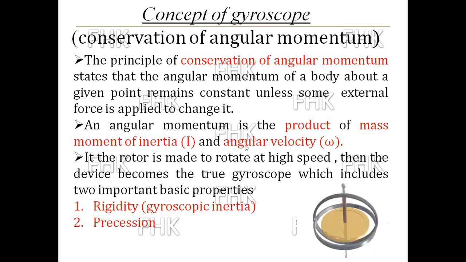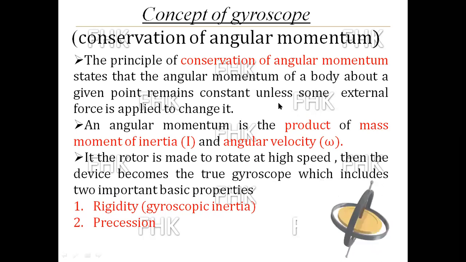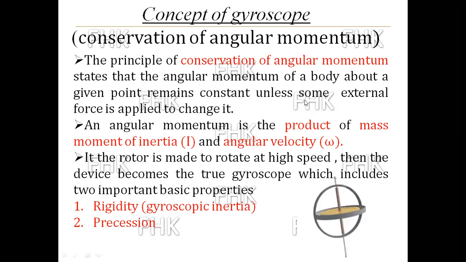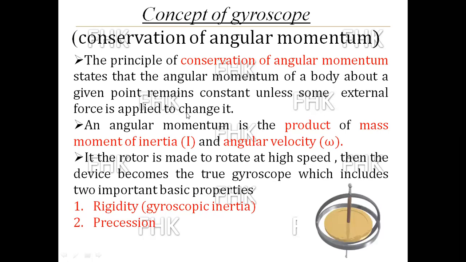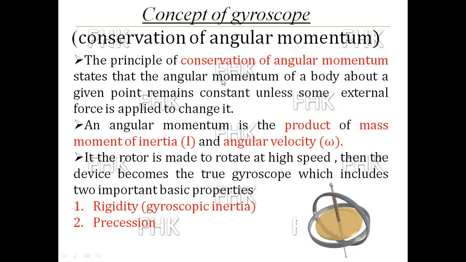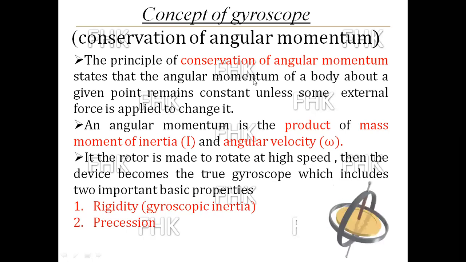That means unless you apply an external force, it will continuously rotate and the angular momentum of the body will not change, unless you apply an external force to change or break this angular momentum. This is the principle of conservation of angular momentum.